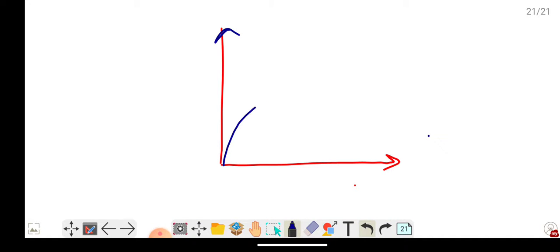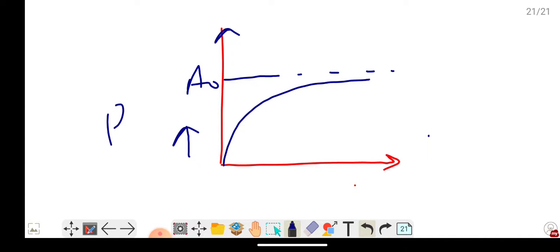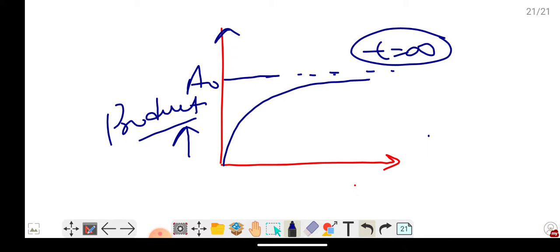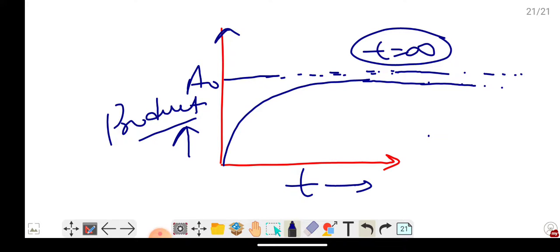Here we have A naught, and this is the concentration of product, and here the time axis, with time tending to infinity. When time tends to infinity, they touch each other, meaning they never touch each other.